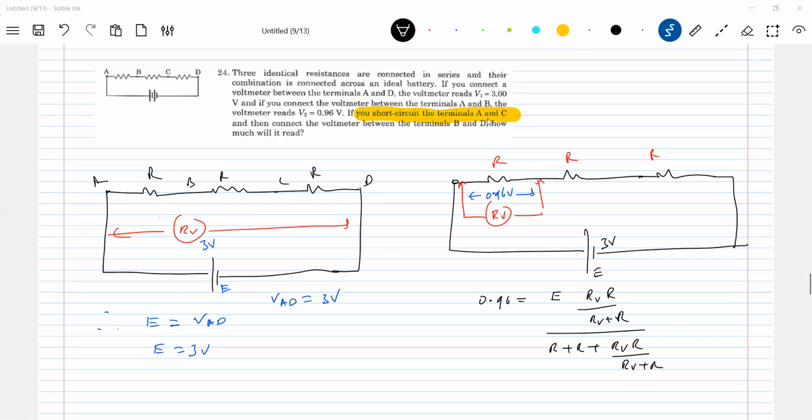RV equal to 16R. RV equal to 16R. This is one. After solving this, keep this.